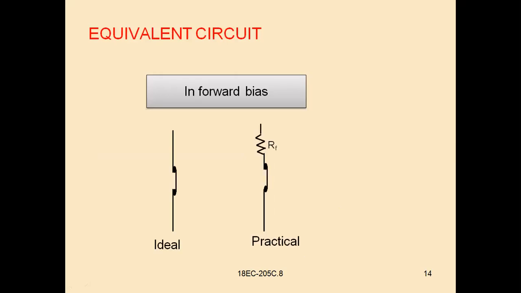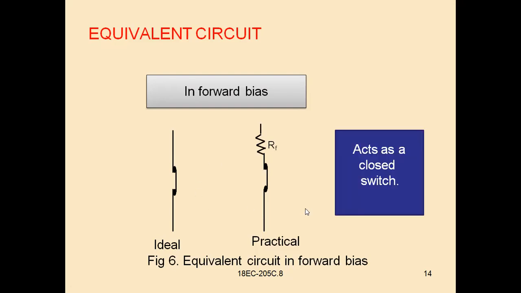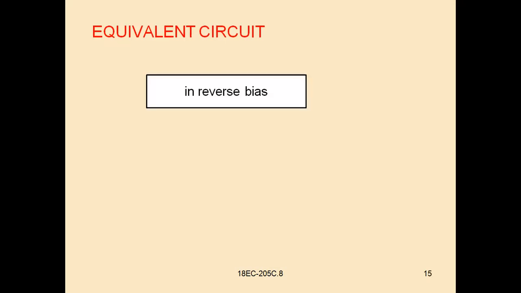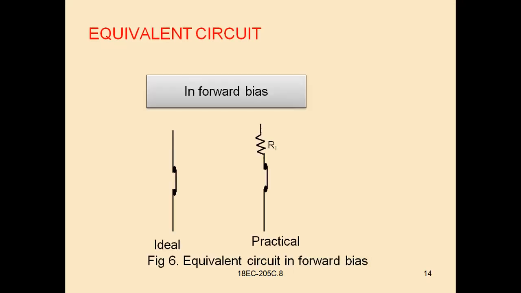Equivalent circuit in forward bias. In forward bias, what happens? The diode will become short circuited. In the ideal case, if it is forward bias, the diode will act as a closed switch.